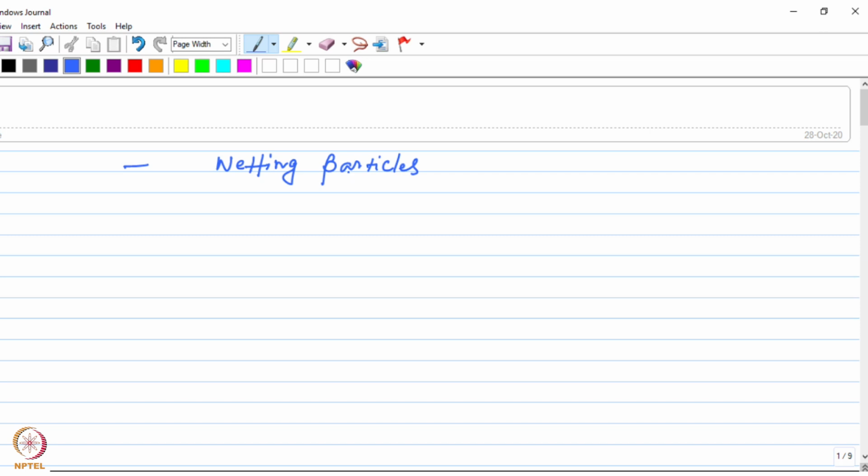Because that is going to decide whether a bond between the particles and the metal will form or not, okay? So that's one thing. And secondly, how the particles will be distributed when they are taken into the molten metal. Okay.